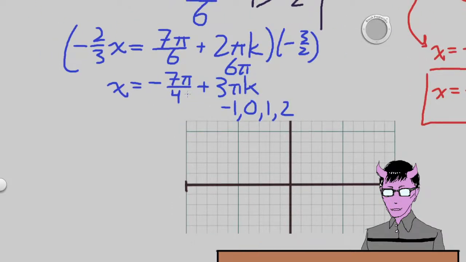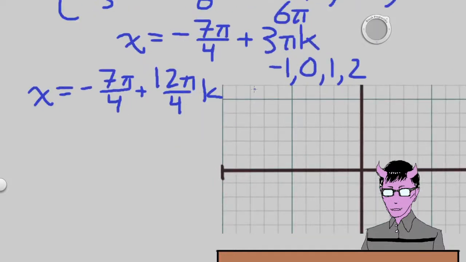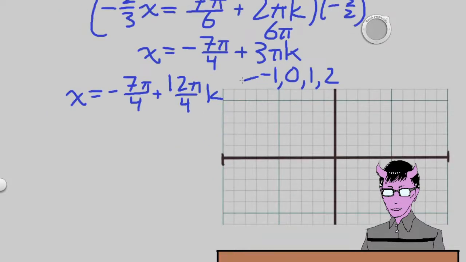So thankfully we only have 4 answers again, but let's crunch the numbers. Again, this one right here, I'm going to change it to something with a denominator of 4 just to make the mathematics a little easier. So that's going to be 12 pi over 4. Plugging in integer k equals negative 1, we get negative 7 minus 12, which is negative 19 pi over 4. Answer number 1.